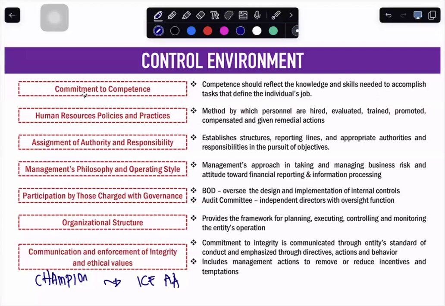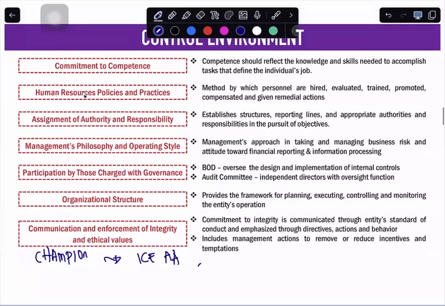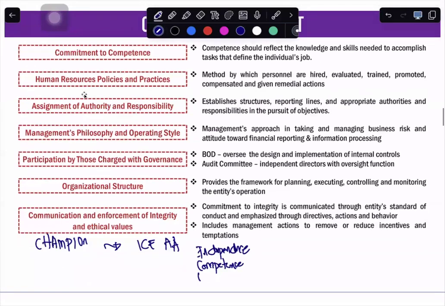And what is ICE AA? ICE AA is independence. You have your competence. You have your ethical values. We also have your accountability. And then we have your assignment of authority.